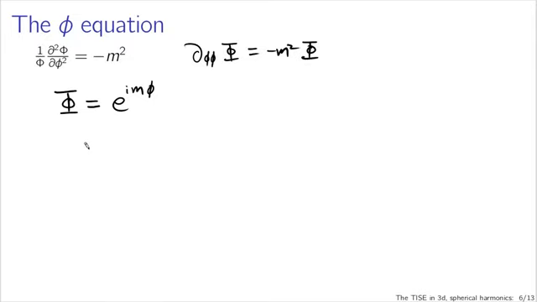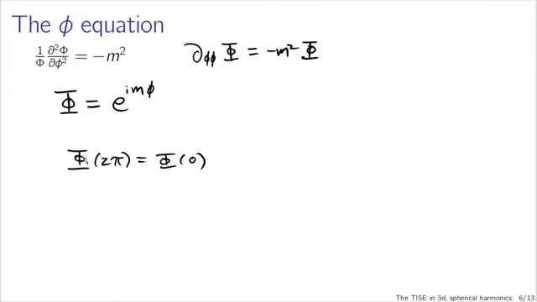The continuity of phi in this context now, since phi is an azimuthal coordinate which goes around in a circle, we have to have phi at one end of the circle be equal to phi at the other end of the circle. Essentially, evaluating this function at 2 pi must give us the same thing as if we evaluated this function at 0, or else our wave function, that would result from this separation of variables, would not be continuous.